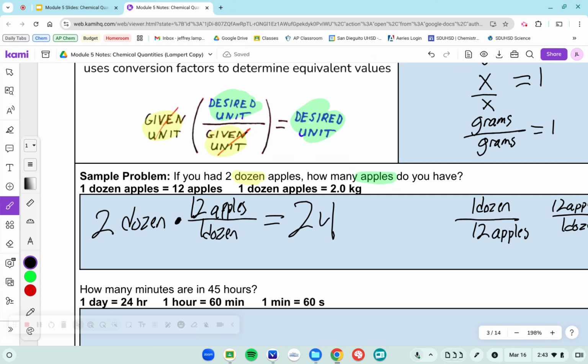Now, the second thing I need to do is do math with units. If I do dozen times apples divided by dozens, something will cancel out. My dozen should disappear. So I'm just left with 2 times 12 apples divided by 1. So then my unit will end up being apples. Question so far? Yes?